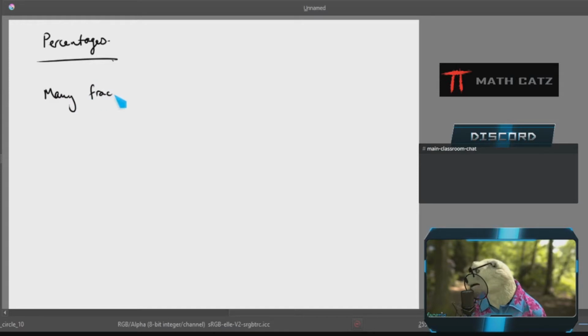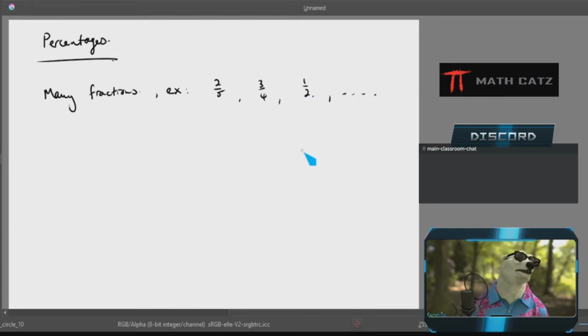Many kinds of fractions and proportions, because the denominator can be so many different things. For example, 2/5, 3/4, a half, all those, so many, even simple fractions, still quite a variety.